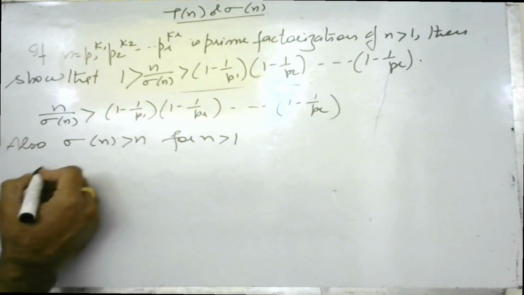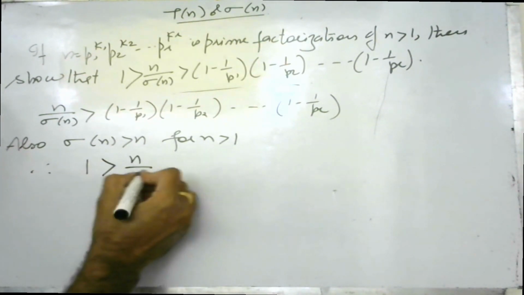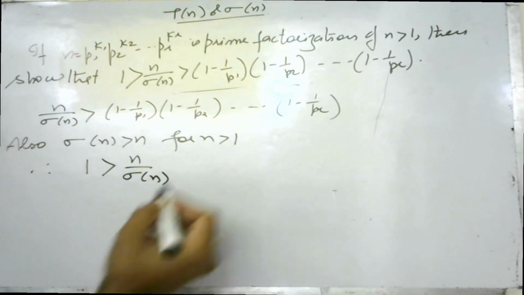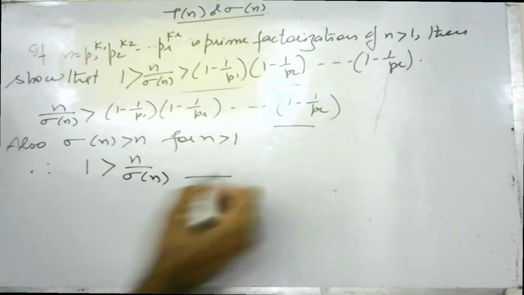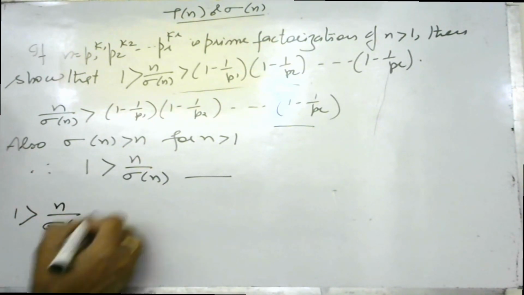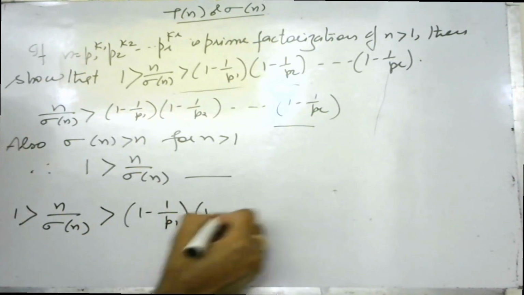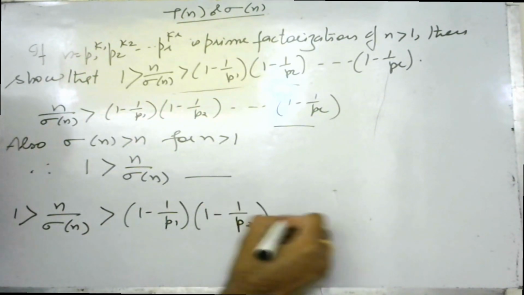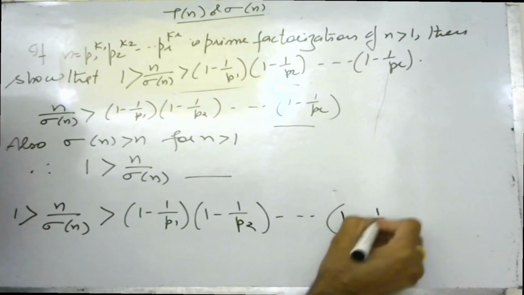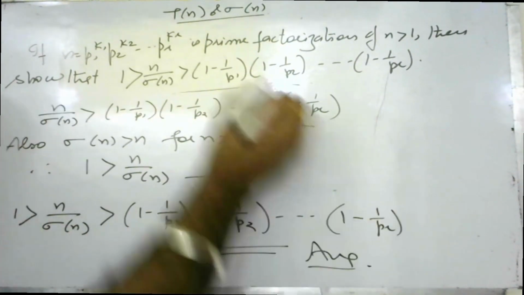So easily we can write 1 is greater than n by sigma n. Then combining this and this, we get 1 is greater than n by sigma n greater than 1 minus 1 by p1, 1 minus 1 by p2, ... 1 minus 1 by pr, which is the desired inequality.